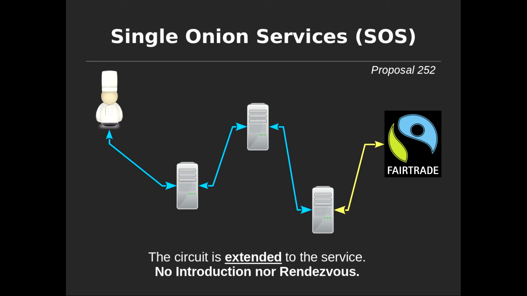The client does a 3-hop circuit to an introduction point, which is the yellow line, and instead of having this current dance, the client extends to the service, and now we have a 3-hop thing. No prior work being done for introduction and rendezvous, and it goes way faster.